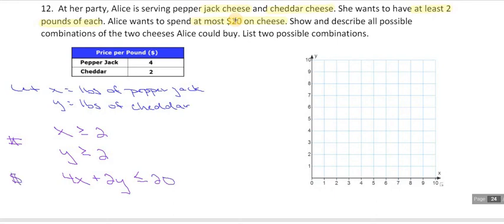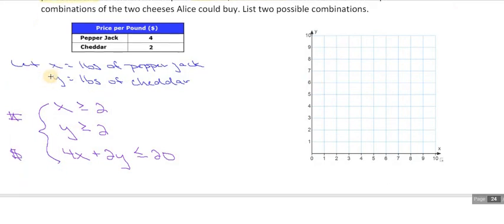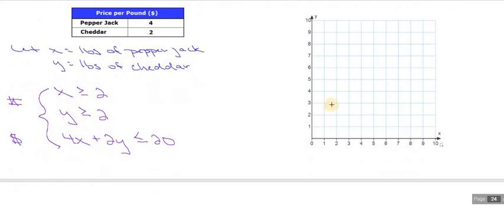inequality. So this particular system is the first one that has 3 inequalities. But that's okay. We just have to find where all 3 regions overlap. So let's go to our axes and label. So X was pounds of pepper jack cheese. So this is pepper jack, and the unit is pounds.